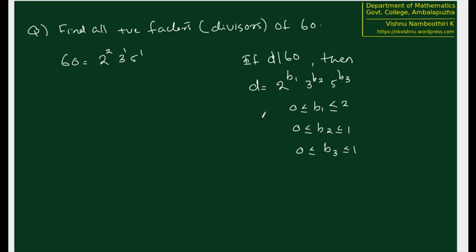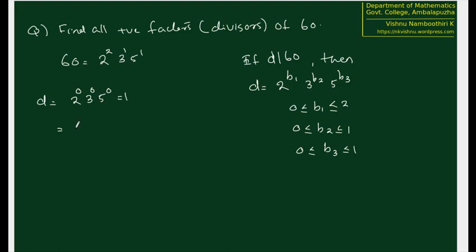So what are now the possibilities? If we keep on varying b1, b2, b3 among 0 to 2, 0 to 1, 0 to 1, then we will get the divisors in the following way. We start with the least: 2 raised to 0, 3 raised to 0, 5 raised to 0, this is equal to 1. Now we take various other possibilities.